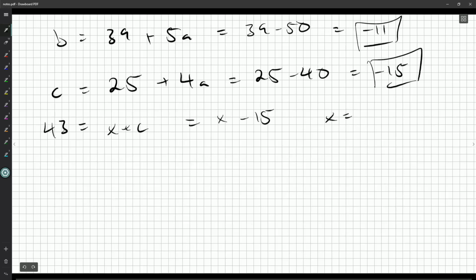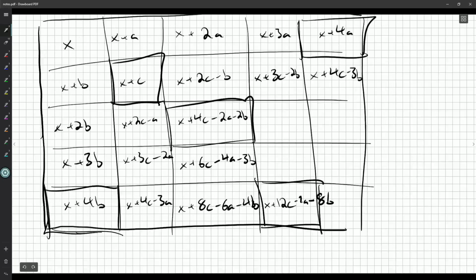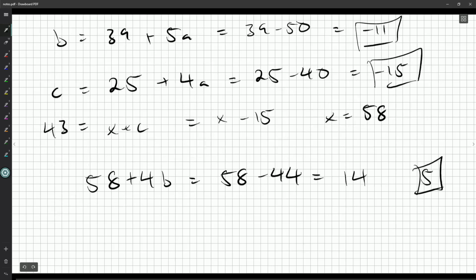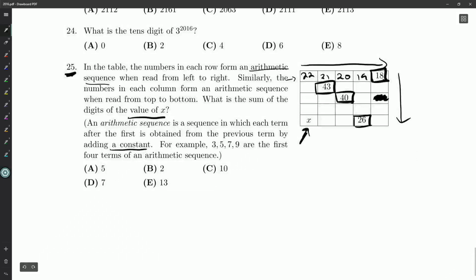So x, and this is not the x we're solving for, just to remind you, it should be 58. Now the value that we actually wanted down in the bottom corner, which they called x, and I mistakenly have an x, we're looking for x plus 4b. So 58 plus 4b is going to be 58 minus 44. And that should be 14, and so the sum of the digits should be 5. Is 5 one of the possible answers? You bet it is. Right there, it's A.